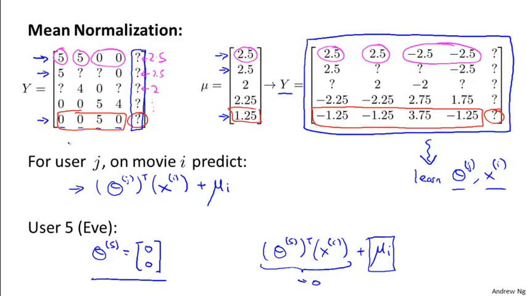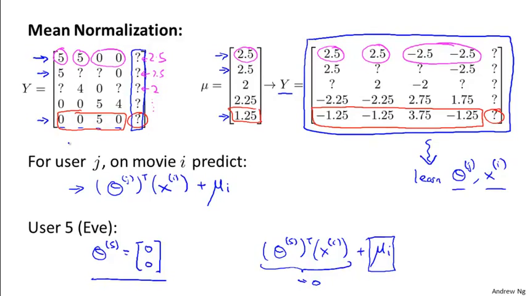Finally, as an aside, in this video we talked about mean normalization, where we normalize each row of the matrix Y to have mean 0. In case you have some movies with no ratings, which is analogous to a user who hasn't rated anything, you can also play with versions of the algorithm where you normalize the different columns to have mean 0 instead of normalizing the rows to have mean 0, although that's maybe less important because if you really have a movie with no ratings, maybe you just shouldn't recommend that movie to anyone anyway.